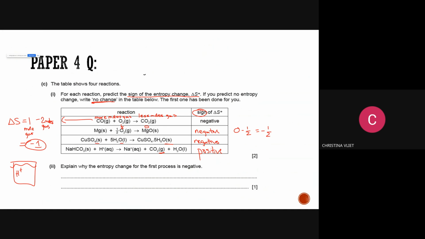And here you both have aqueous. These kind of cancel each other out. So really, you're just looking at, oh, that goes to that. So when you say aqueous, it's more movement than liquid, because it breaks up the regular liquid phase. Aqueous is one of your more moving states, but not as much as gas.